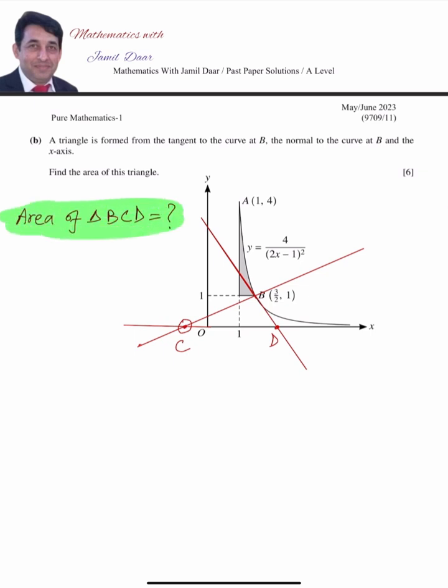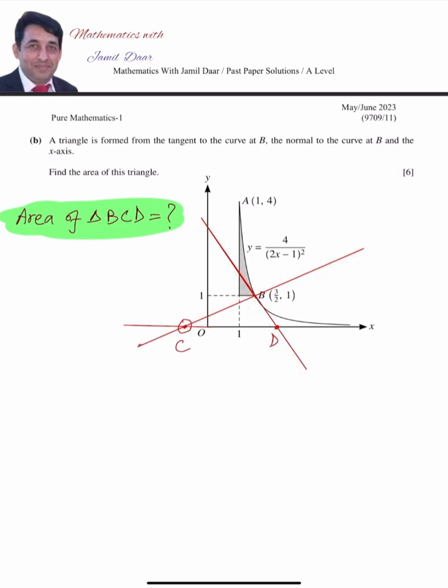To find the area of triangle BCD, we need to find the coordinates of D and C. To find D and C, we need to find the equation of the tangent at B and the equation of the normal at B.